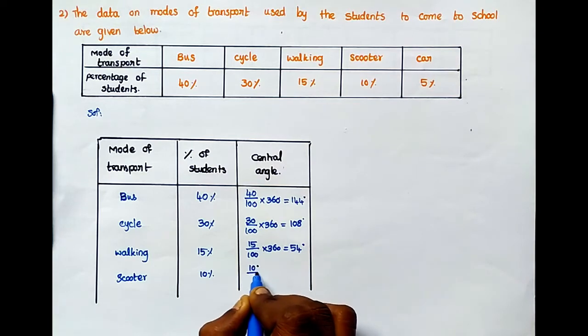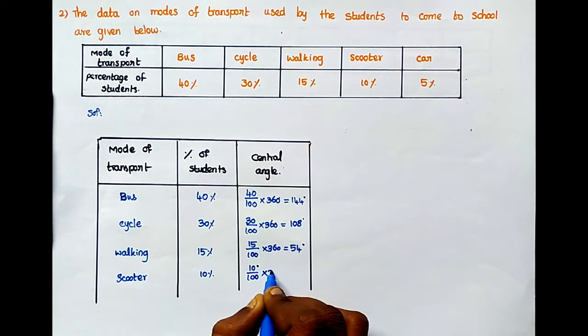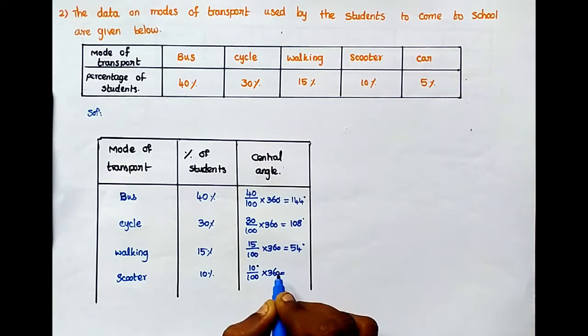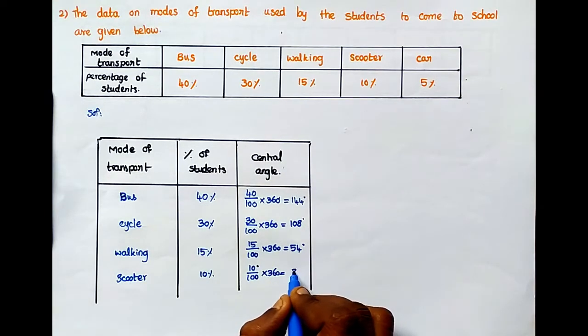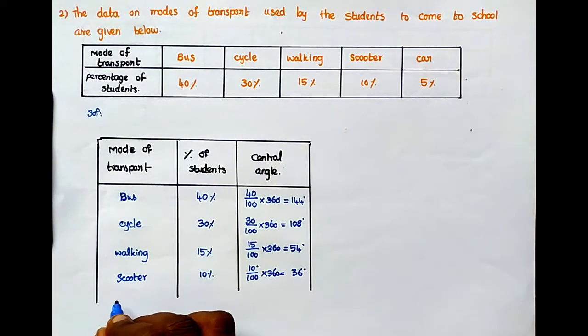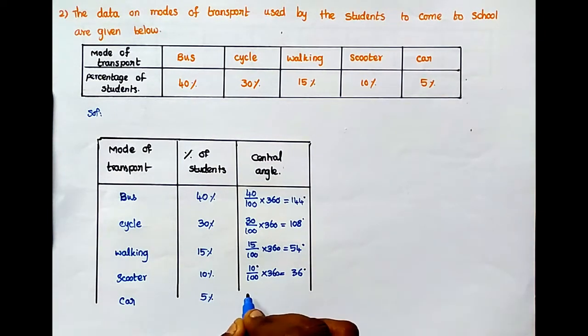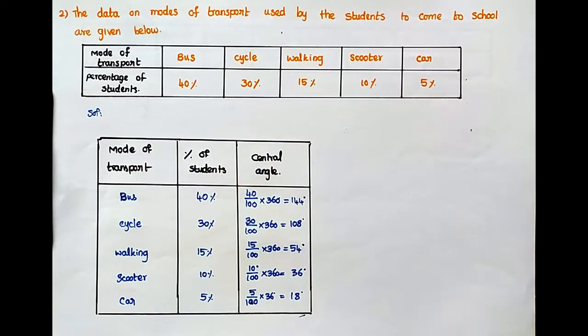So 10 by 100 into 360 equal to 36 degree. Next one, car, that is 5%. 5 by 100 into 360, that is 18, sorry 18 degree. Total 360 degree.